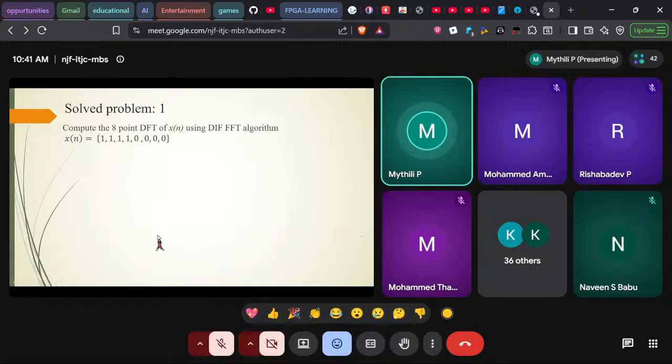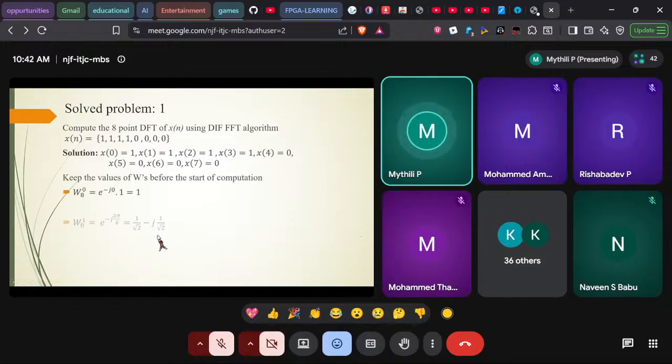This problem also we'll do in the class. Right now I'll just show: we need to write the sample numbers 0, 1, 2, 3, and the W's have to be kept before the start of the computation.